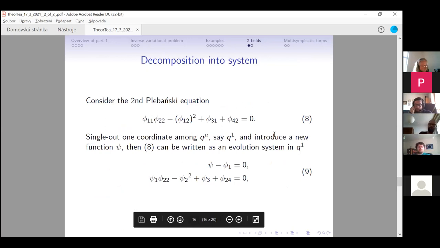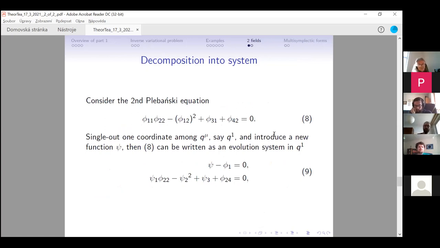But interestingly, if we split the equation into an evolution system like this, so you single out one variable, you can understand this as time, for example, and you introduce a new function such that this function is a time derivative of the original field phi, then the second equation will look like this. So the system 9 is equivalent to 8.